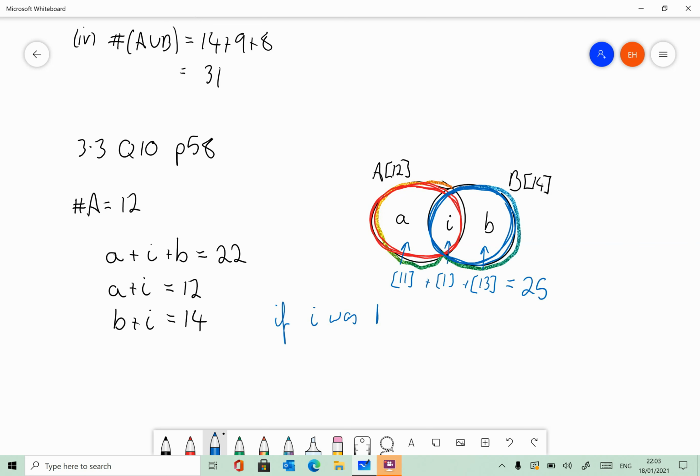So that's no good to us at all, because we need it to equal 22. So what about if I made I bigger? If I make I bigger, what happens? So if I was 2, we now have 10 plus 2 plus 12, and that is A, I, and B. And that's equal to 24.